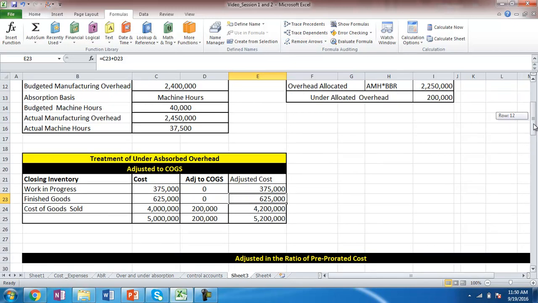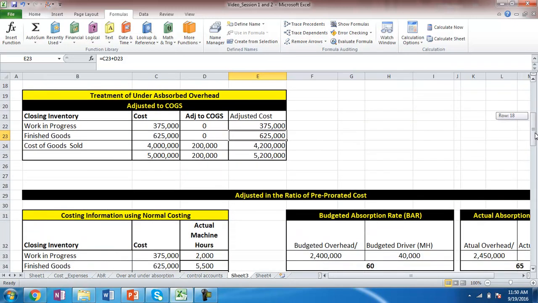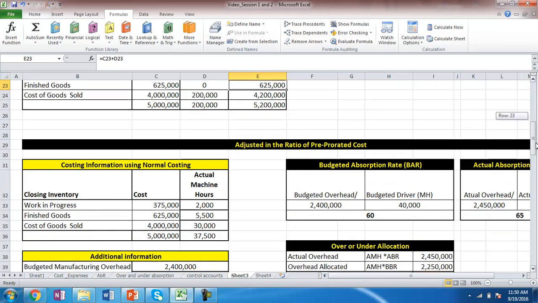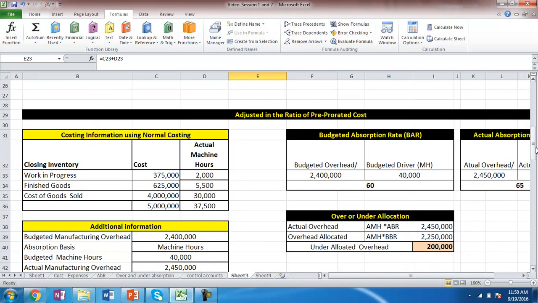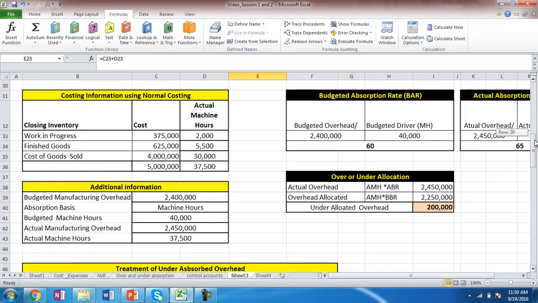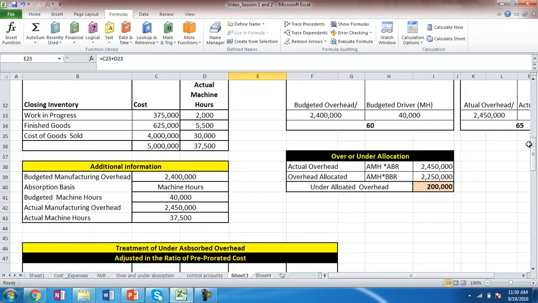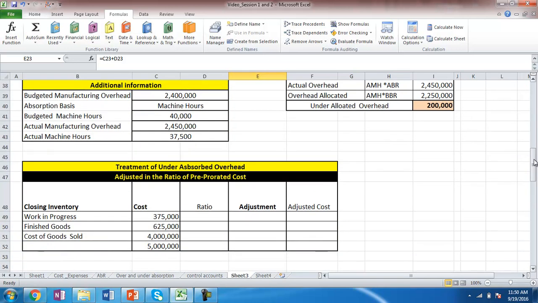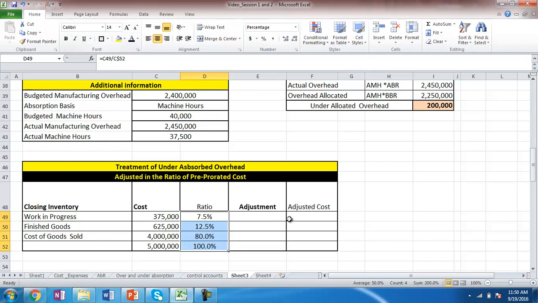In this case, we'll try to adjust in the ratio of the pre-prorated cost. So the pre-prorated cost is equal to 375, 625 and 4 million. So therefore the ratio is 7.5%, 12.5% and 80% respectively.